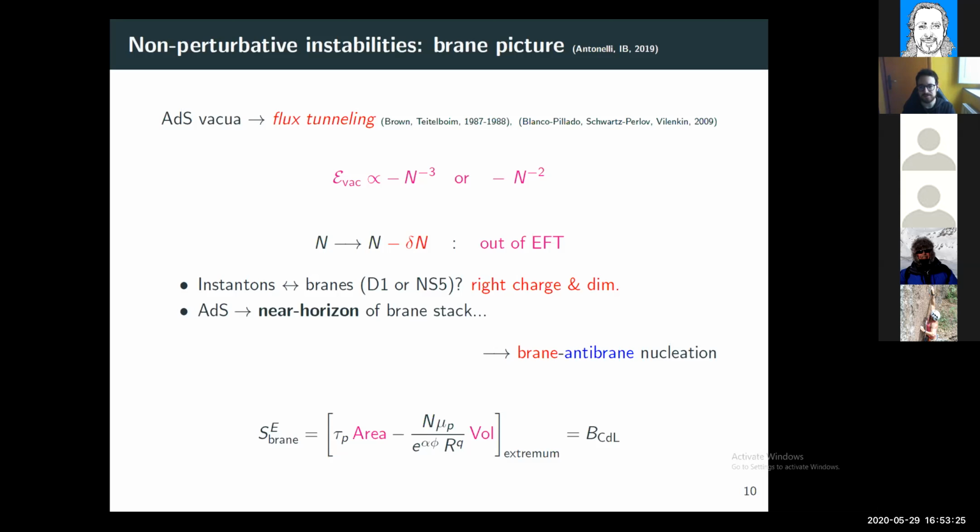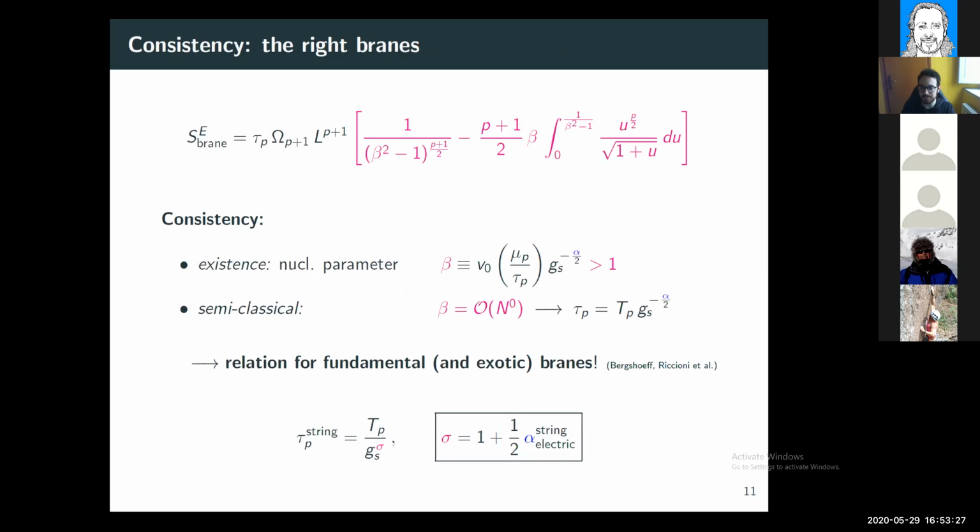And it turns out that after some algebra, the whole decay process hinges on this parameter beta that appears in this ugly function here, but that's not important. What's important is that for the decay to be consistent, this beta ought to be greater than 1, and most importantly, it must be of order 1 with respect to the flux. This is crucial because otherwise the decay rate will not be exponentially suppressed.